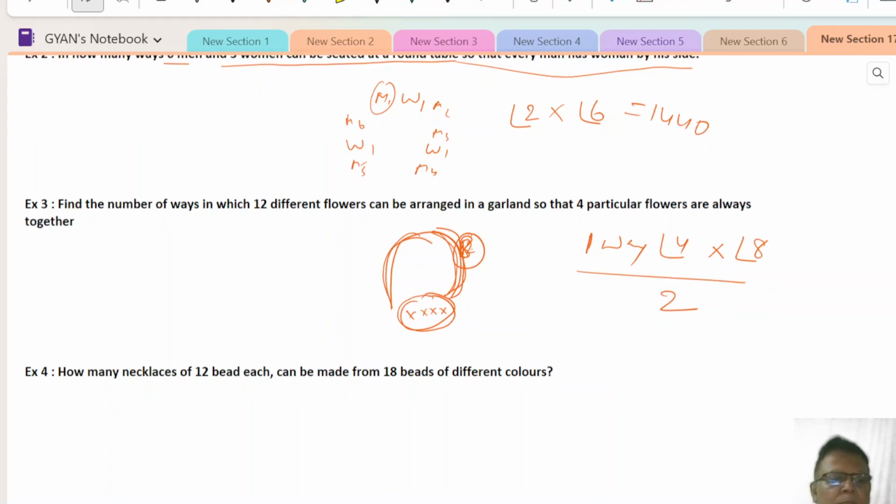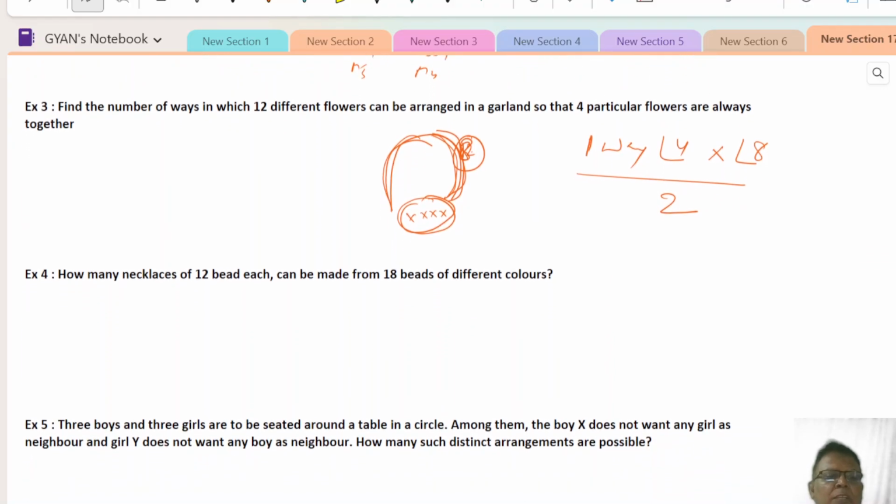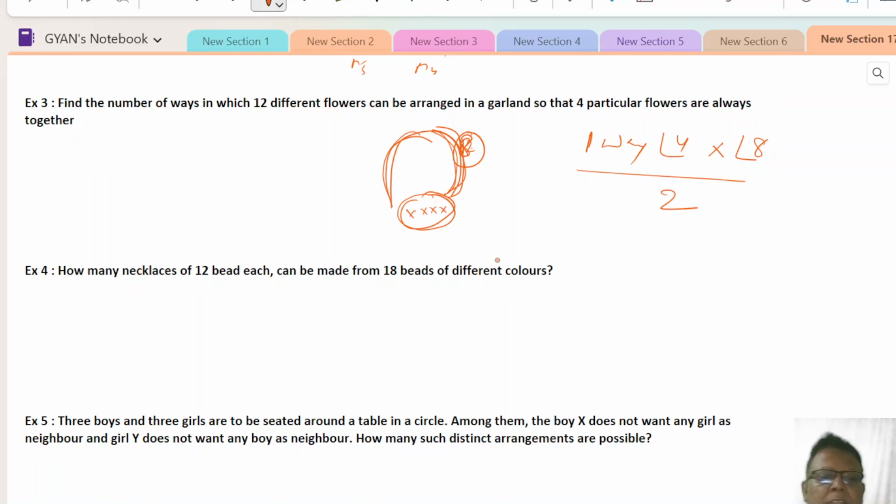Now come to question number 4. How many necklaces of 12 beads each can be made from 18 beads? So first you select 12. How will you select 12? You select 18C12. So what is 18C12? Factorial 18 divided by factorial 12 into factorial 18 minus 12.